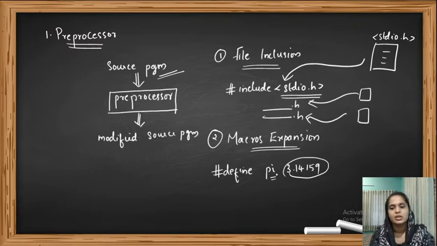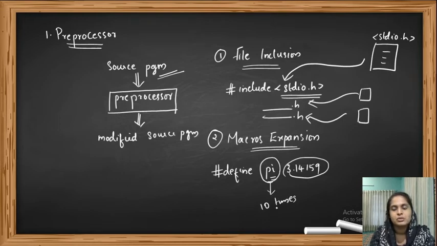Okay. So, this is what we call macros. So, the second task of the preprocessor is macros expansion. Just imagine that I have used this term pi 10 times in my program. What the preprocessor does is, it will replace all the terms pi with the value 3.14159. That is what is meant by macros expansion. We are expanding the term pi with its actual value.